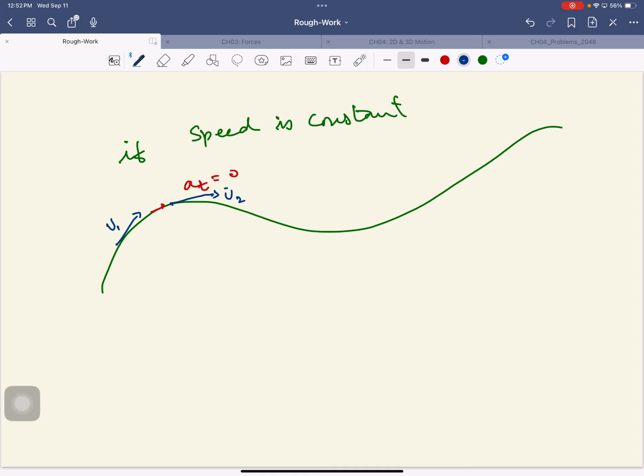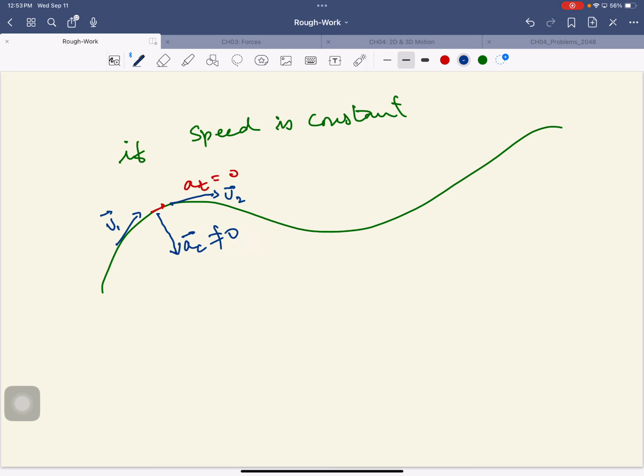Is the velocity changing on this curved road? It'll change its direction. There you go. So the velocity is changing, so the centripetal acceleration is not 0.